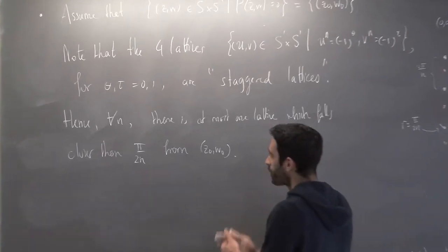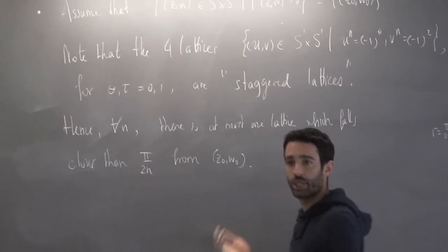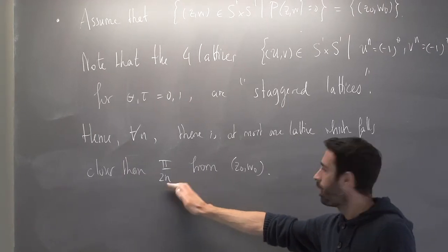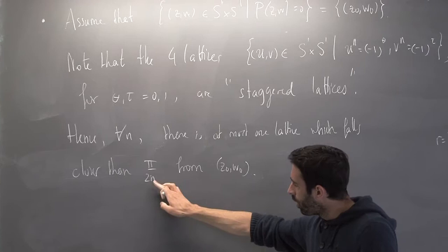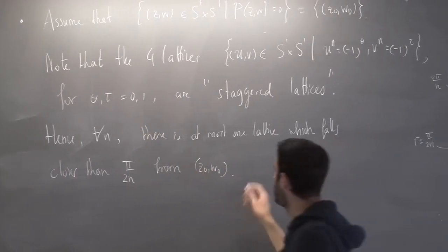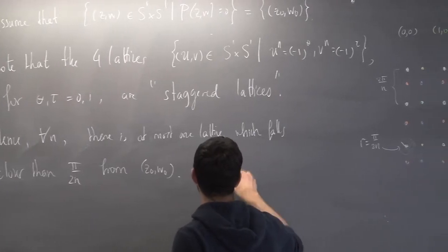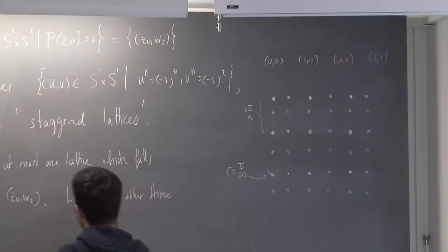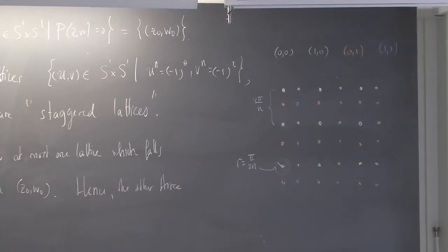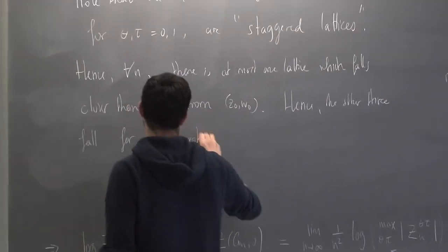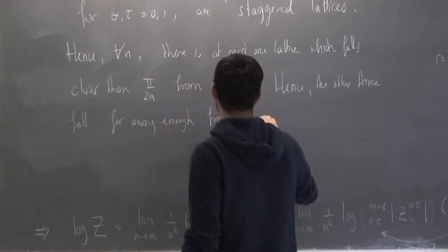Hence, the three others fall further away, and then you can check that if you are further, it's much more than what you need. If you systematically fall further away than this, then you can check that this integral converges. Hence, the other three fall far away enough from this 0.